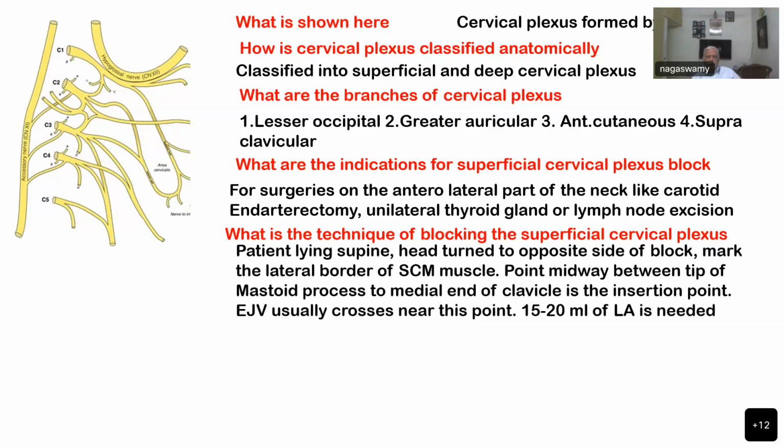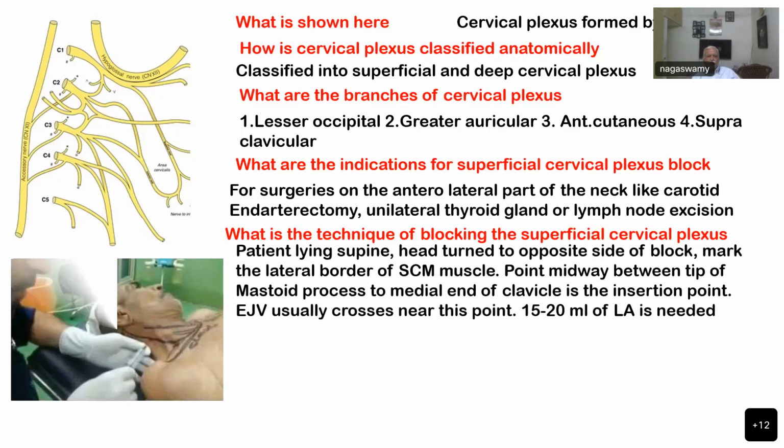Mark the lateral border of sternocleidomastoid muscle. The point midway between tip of the mastoid process to medial end of clavicle is the insertion point. External jugular vein usually crosses near this point. You may require about 15 to 20 ml of local anesthetic for this procedure. So this is how the whole thing is given.